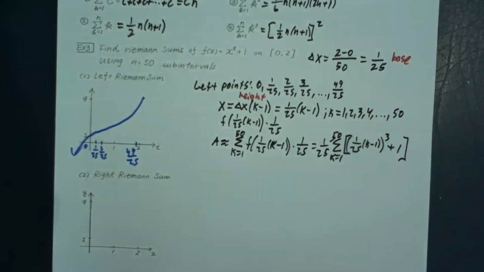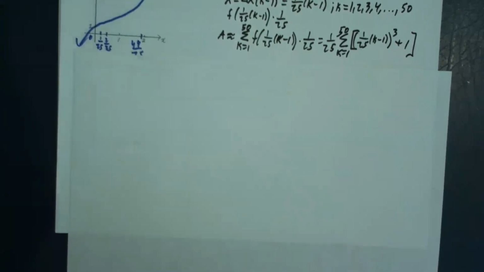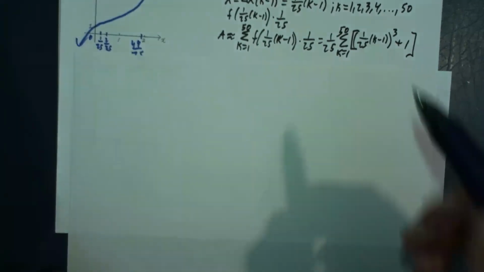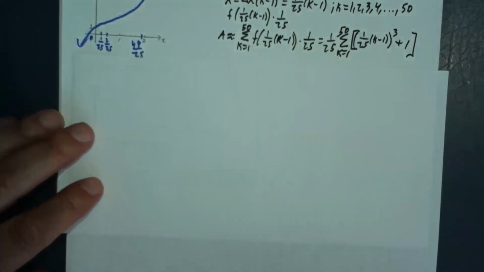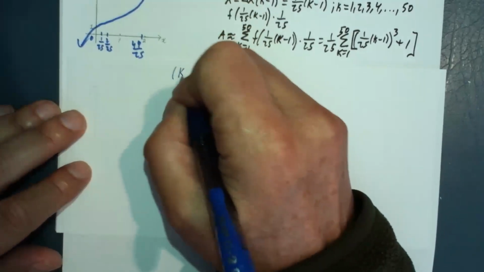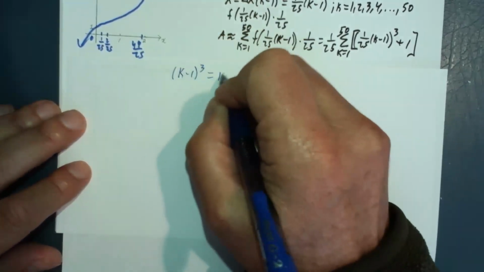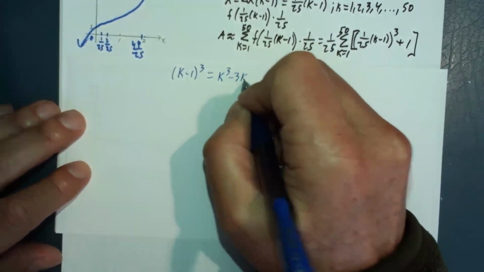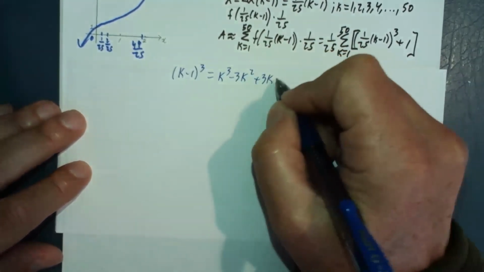I'm going to show this work this one time, and I'm not going to go too in depth with it. But I'm going to break this up into several pieces. Real quick, this is k cubed minus 3k squared plus 3k minus 1.